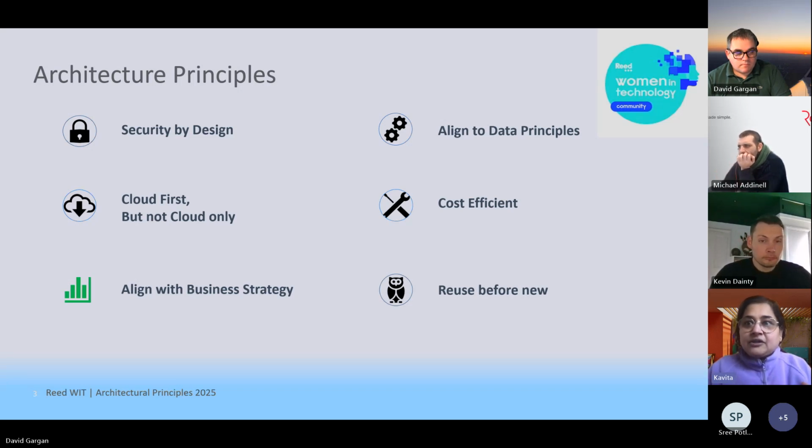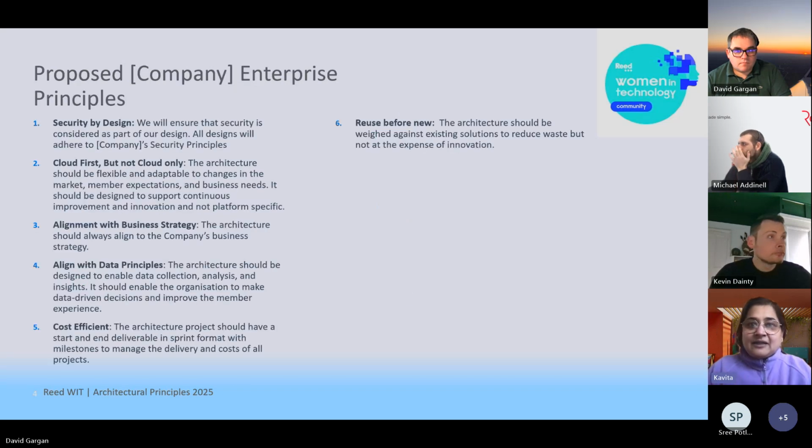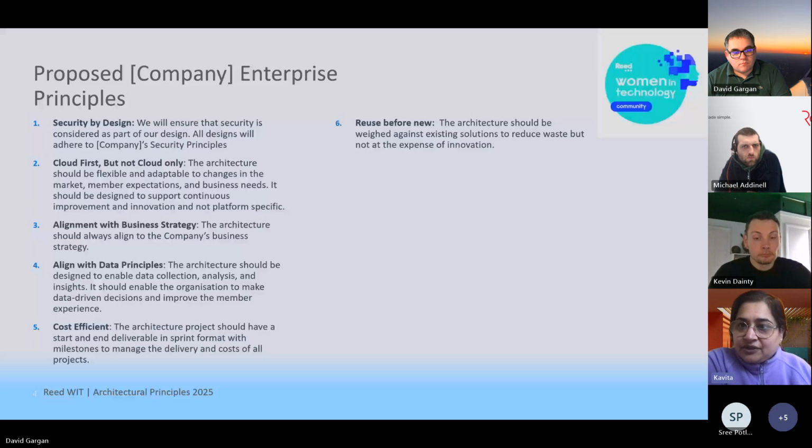Because bringing in a new solution, most organizations have quite complex technology landscapes anyway, and it has an impact on cost, in my view. So, expanding enterprise scale applications to meet new business objectives. That's one of the key things which architects need to consider. Again, that links to being cost efficient.